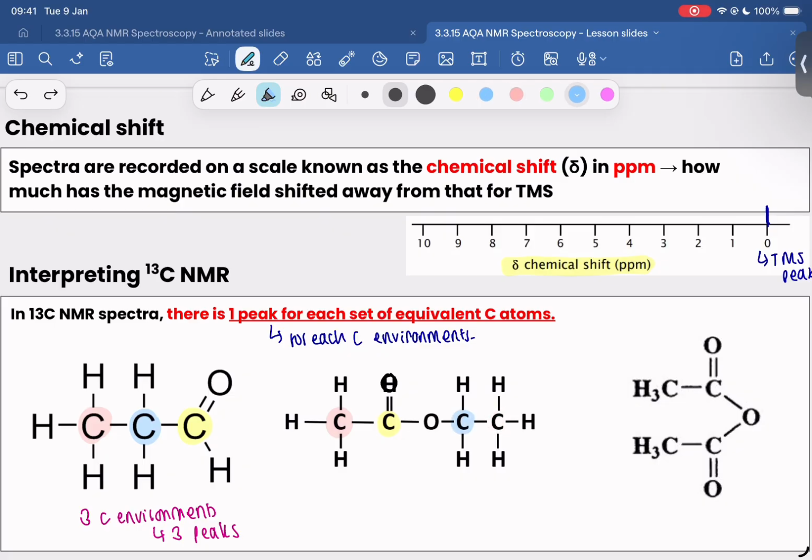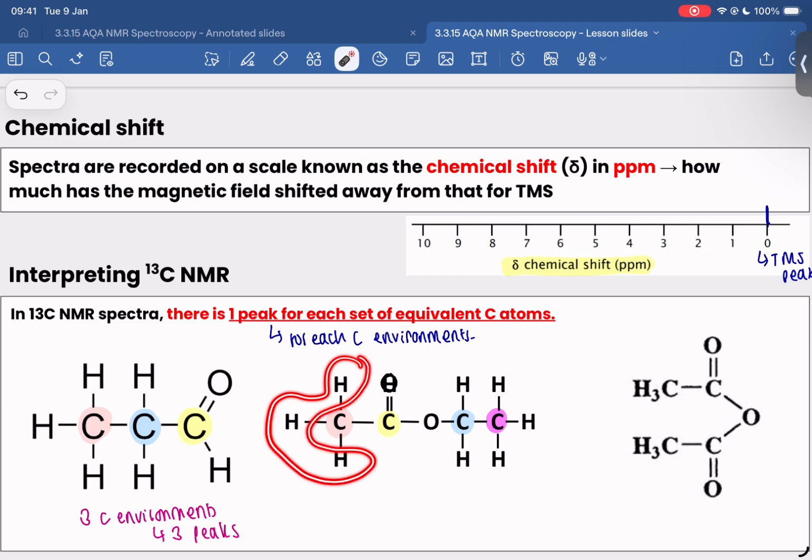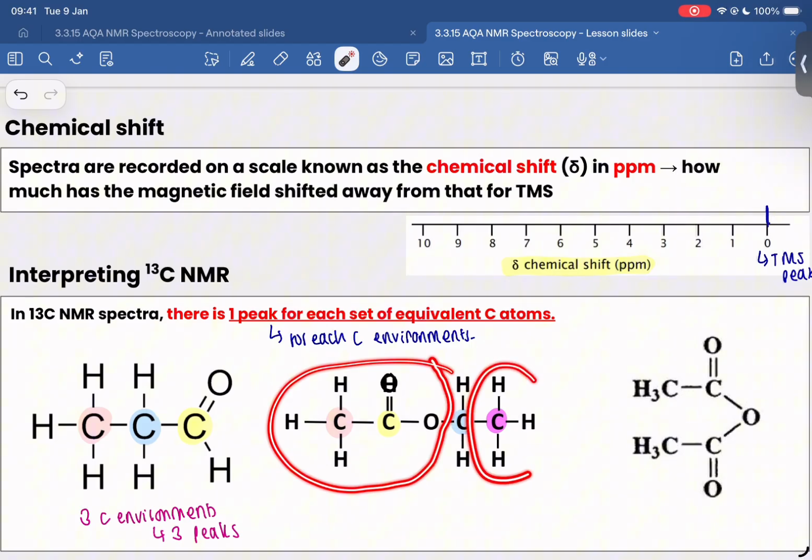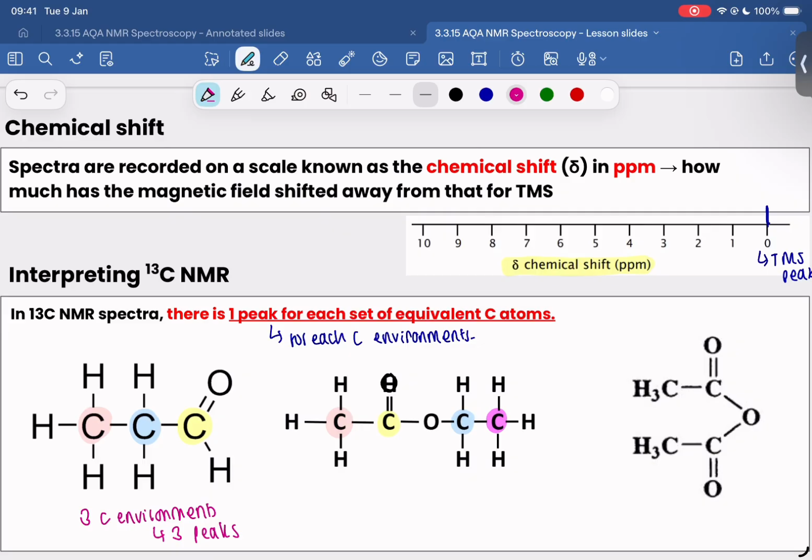I use a different color for each because each of the different carbons is attached to a different series of atoms, as you can see. So with the blue one, it's attached to this structure on the left, and then this structure on the right. So if I just write this down, this one has 4 peaks because it has 4 carbon environments.